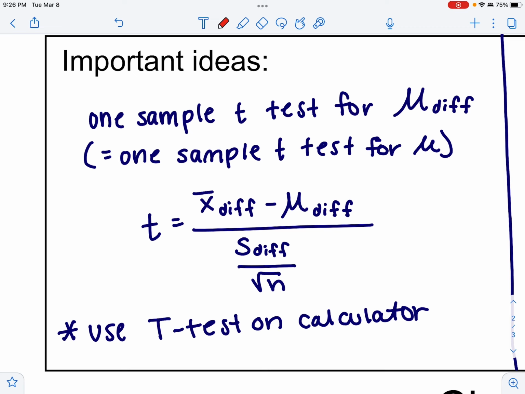And when we use our calculator for this, we can do TCDF or we can do a t-test. The only thing is, if you use t-test rather than TCDF, your calculator uses a different degrees of freedom than we do. Not necessarily for the t-test, but for a difference from yesterday.